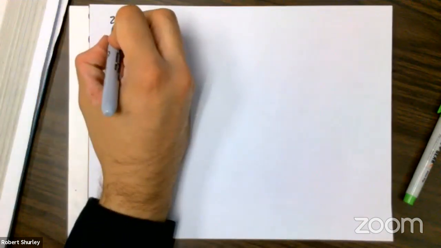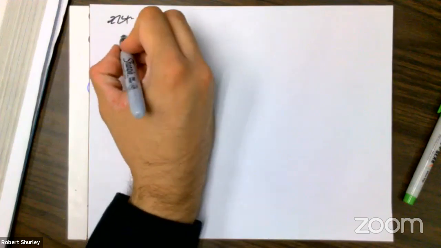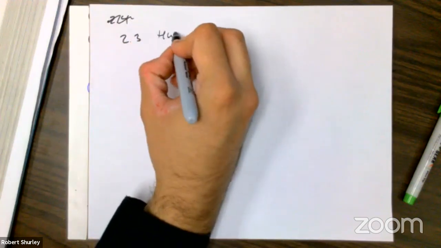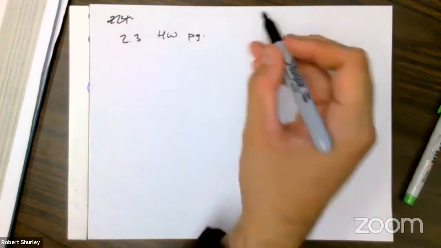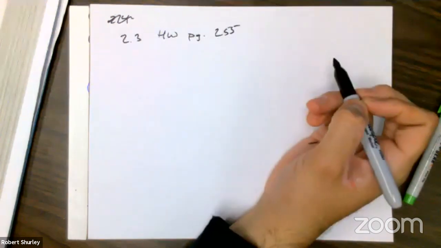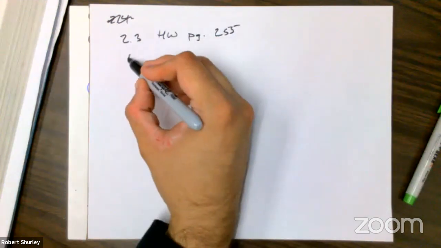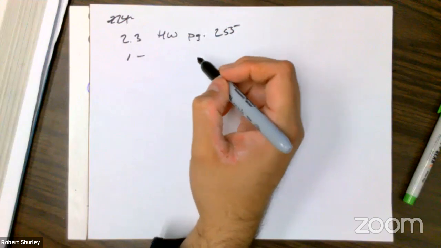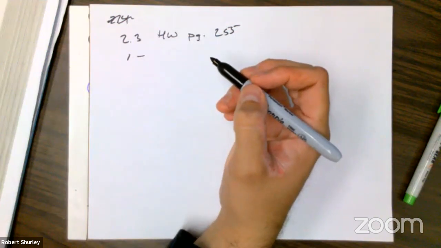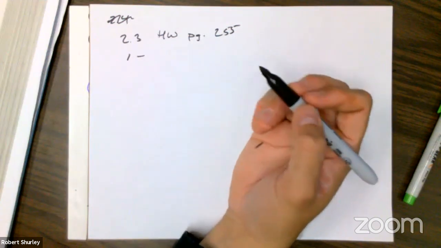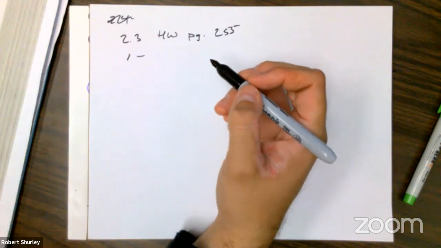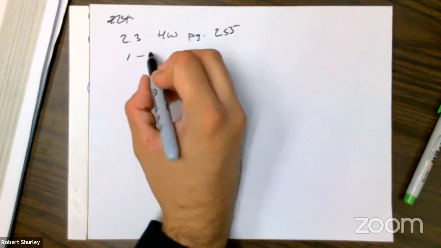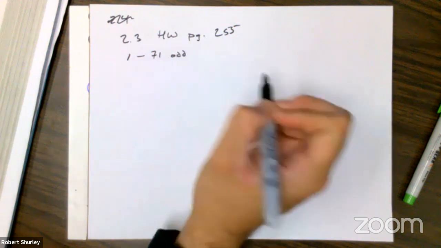Okay. So let's see. For homework, this is 2.4. I'm sorry, 2.3. For homework, this is on page 255. And I want you to do 1 through 71 odd.